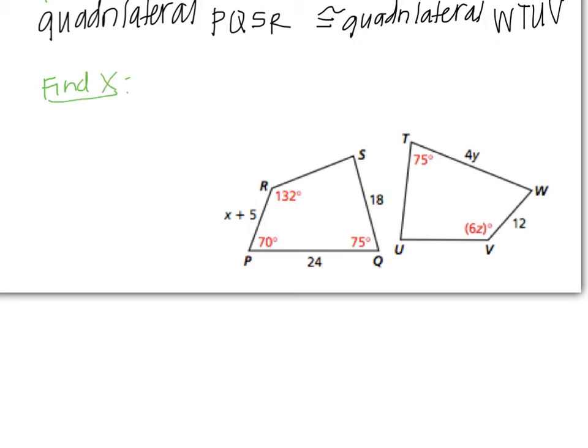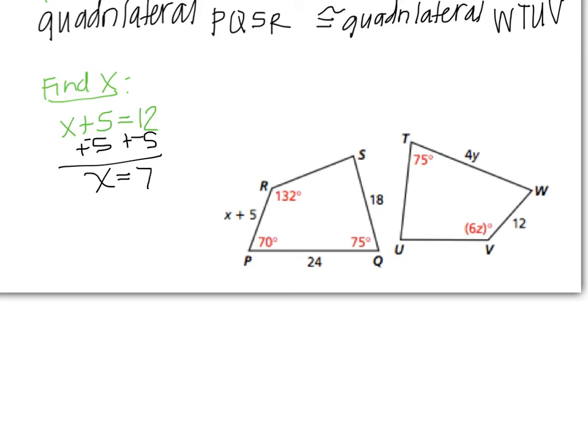If we look here, x is right between P and R. So if I'm looking for P and R, that means I have to look over here at W and V. So I can write a statement of x plus 5 equals 12. Now I'm just going to use inverse to solve. So I'm going to subtract 5 or add a negative 5, and x equals 7.